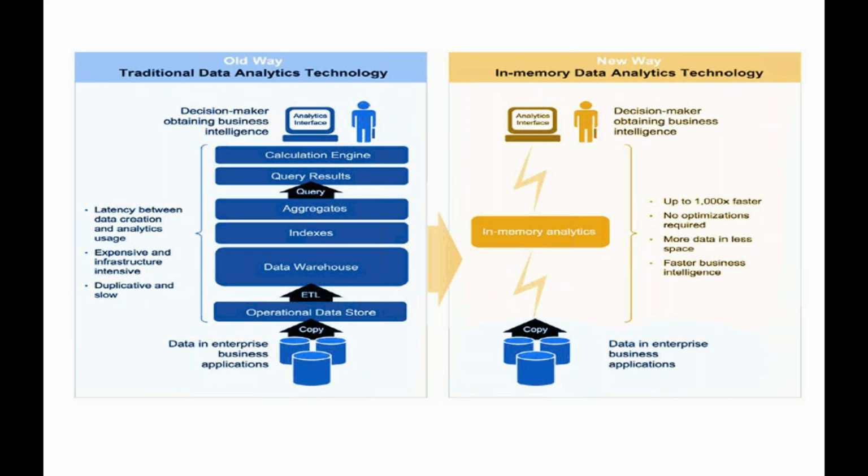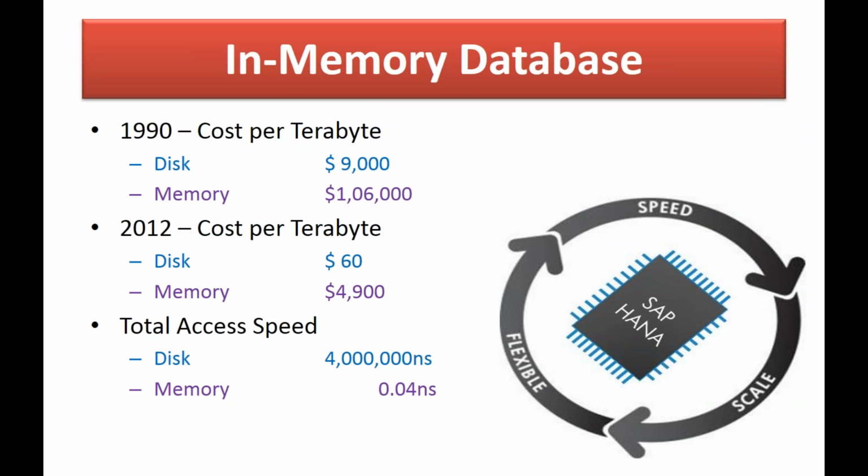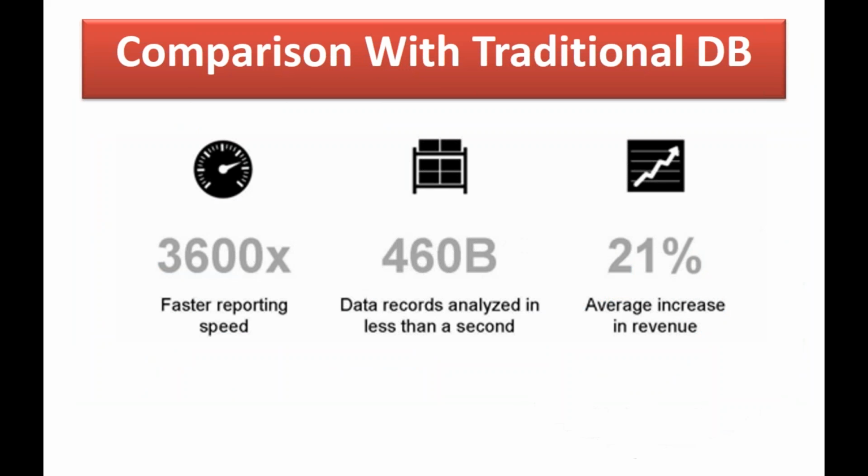Is that it? Is it only this way I can use it, or is there any more information? Yes. It is an in-memory database, and since it does not need much expensive hardware equipment, you can add more data into less space compared with the traditional database systems.